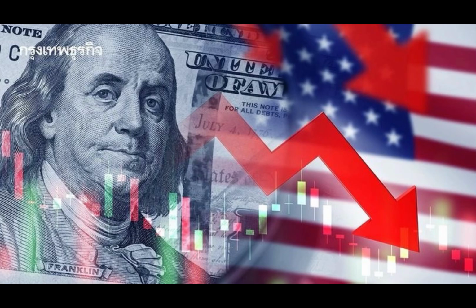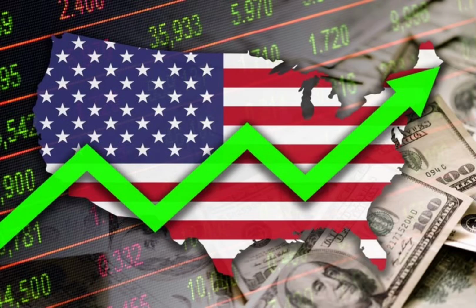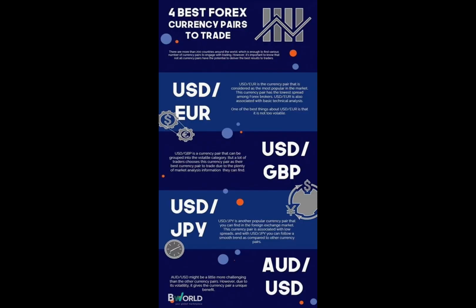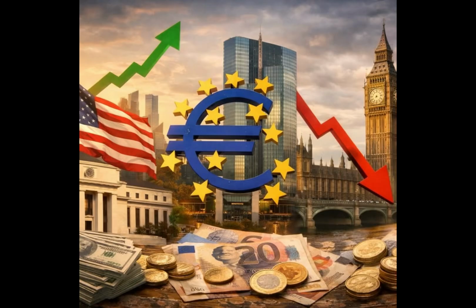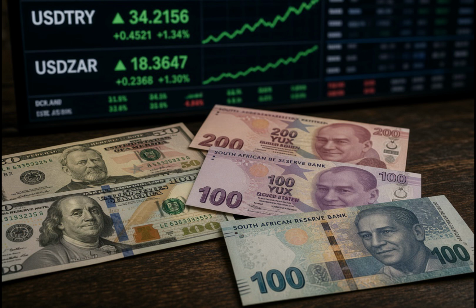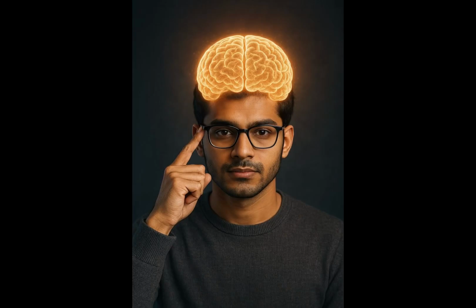You will not see USD in them. For example, Euro/GBP, Euro/JPY, or GBP/JPY. And exotic pairs usually combine a major currency with the currency of a smaller emerging economy. For example, you see pairs like USD/TRY or USD/ZAR. As a beginner, you don't need to rush into trading these. For now, just understand what they are.